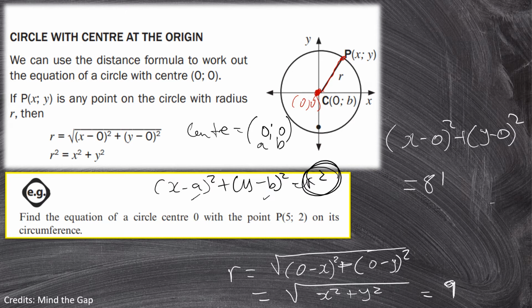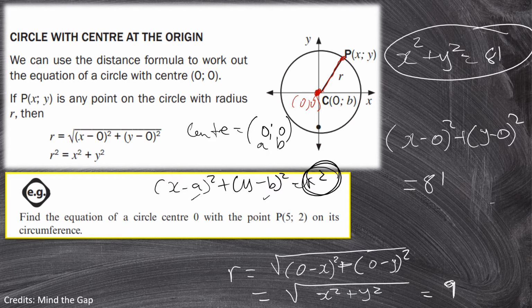So if we simplify, x squared plus y squared is equal to 81. And that will be our equation of a circle with the center at the origin, depending on what your point P is, because that will affect your radius.